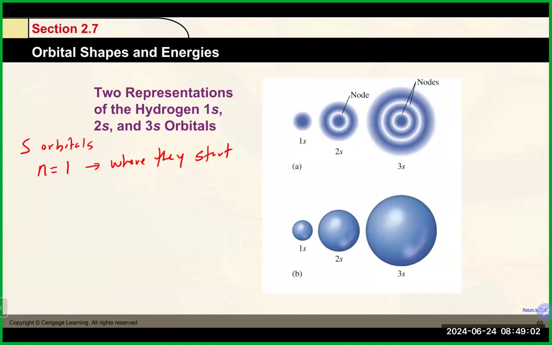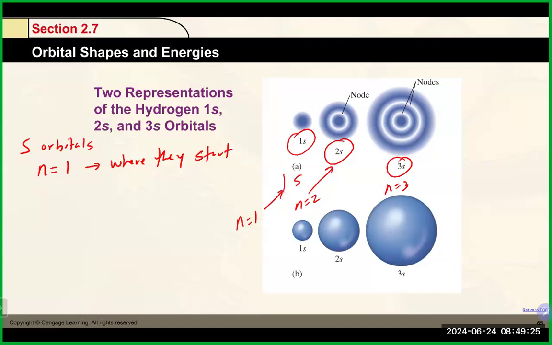They're called 1s, for example. The 1 means n equals 1, the first energy level. A 2s orbital means it's on the second energy level. 3s, obviously, n is equal to 3. So on any energy level, you will find s orbitals.